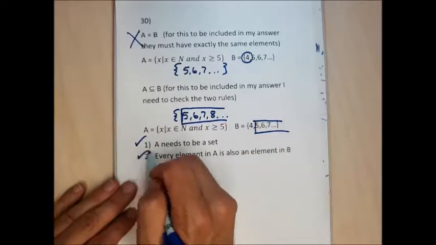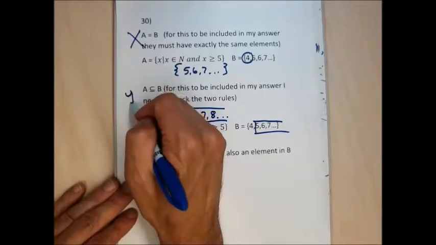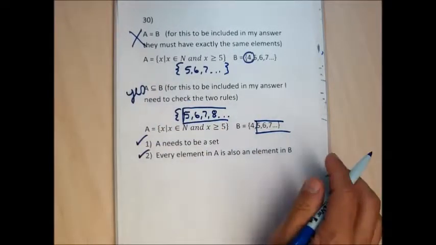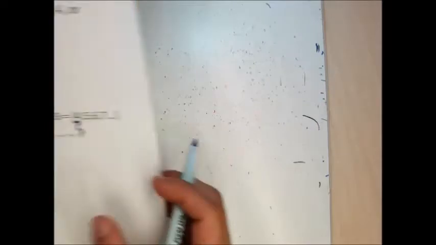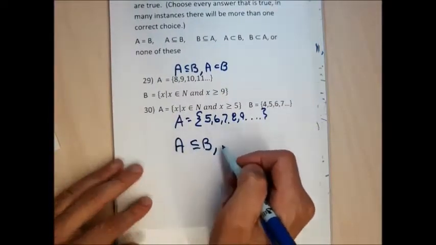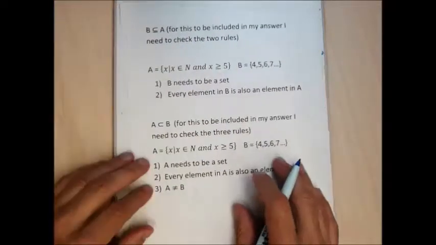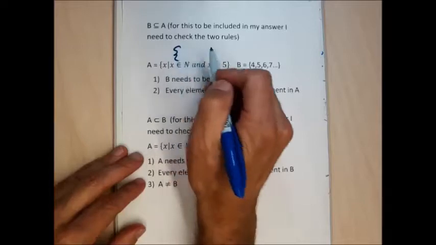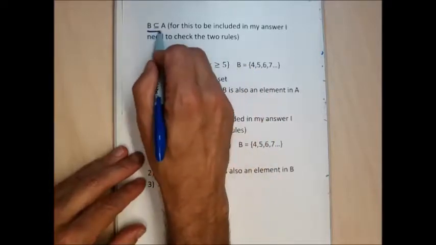So this is satisfied, and A is a subset of B is going to be included in my answer. So part of my answer to number 30 is A is a subset of B. The next symbol I'm going to work on in problem 30 is B is a subset of A.